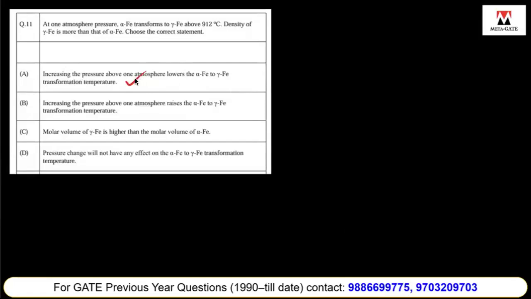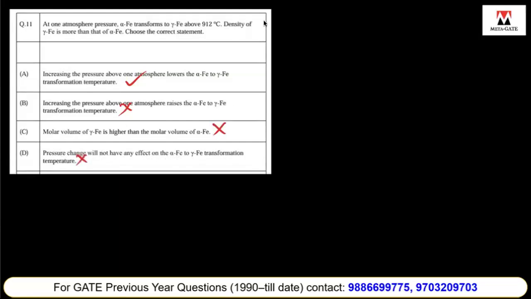And increasing the pressure above 1 atmosphere raises the alpha to gamma austenite temperature. This is false. Molecular volume of gamma iron is higher than molecular volume of alpha iron. This is not. The pressure change will not have any effect on the alpha iron to gamma iron transformation.